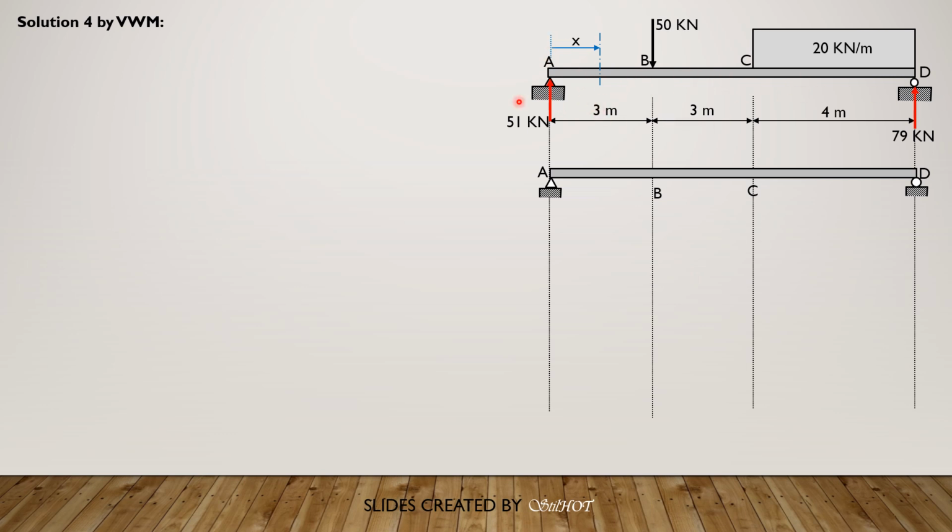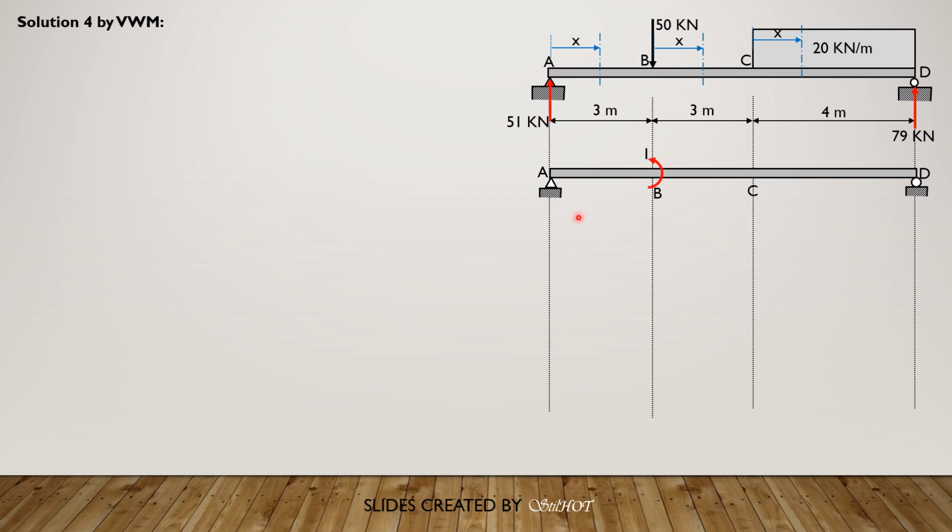So for this method, let's just have our X from A, from B, and from C. Then we notice that if we make X from C, it's long. So that's why for the next method by Castigliano's second theorem, we change that section instead from C to any section in this 4-meter segment. So we proceed from D to the section CD.